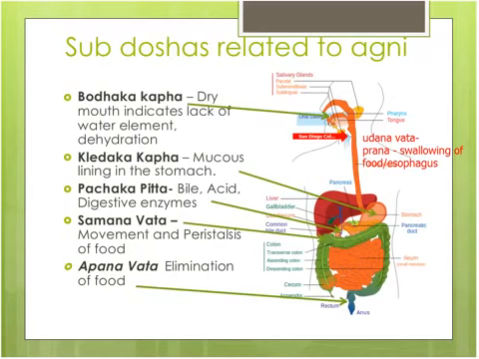But herein, from the moment the food is taken and from the moment it's eliminated, this entire thing is called Annavaha Srotas. Again, this is a block 2 thing. I just wanted to give you some hint of what we are doing in block 2. Srotas is a channel. Anna means grain. So Annavaha, from the moment you put food in the mouth till the time it is eliminated through the anus, it is Annavaha Srotas.